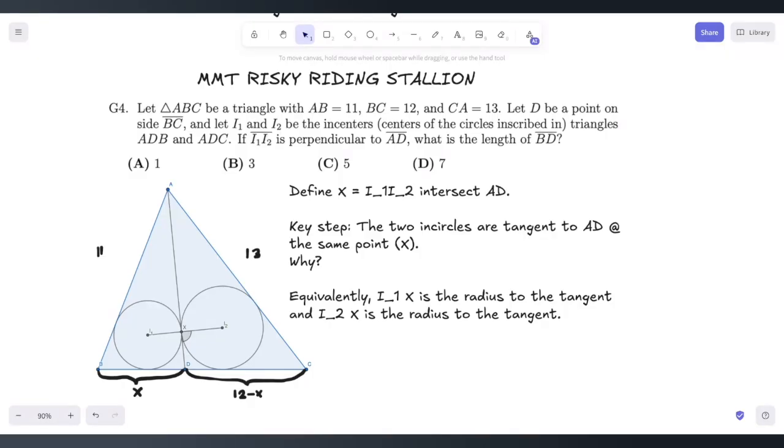We let D be some point on side BC, and let I1 and I2 be the incenters of the triangles ADB and ADC. So incenter is the center of the incircle. We also know that the segment I1I2 is going to be perpendicular to AD, and we want to find the length of BD.